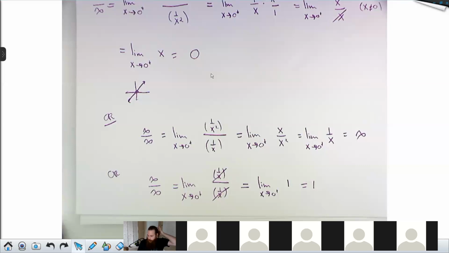This is why infinity is not a number. It doesn't satisfy the algebraic restrictions which numbers must satisfy. Like every non-zero number has to have a unique reciprocal. Infinity doesn't have a unique reciprocal. Every real number has to have a unique additive inverse, a negative, right? And infinity, although there is a negative infinity, they don't always add up to 0, for similar sorts of silly things like this.